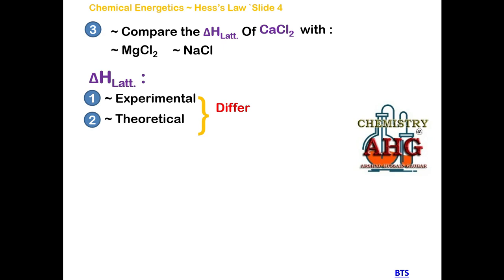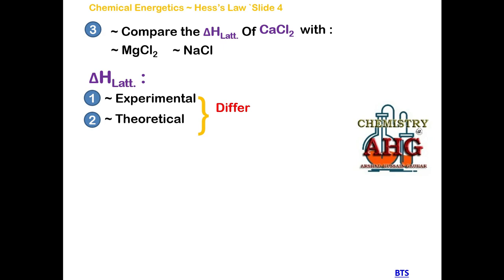Let's look at that. Remember, whenever we do theoretical calculations for an ionic compound, what assumption do we make? We always assume that every ionic compound is 100% ionic. But what we have studied in AS chemistry is that there is not even a single ionic compound that is 100% ionic.